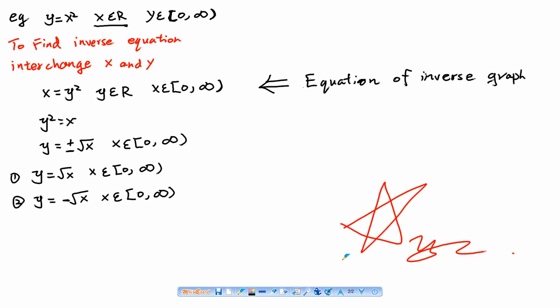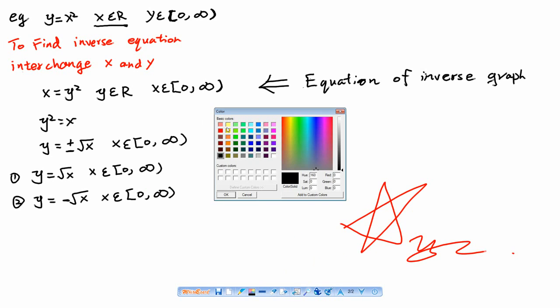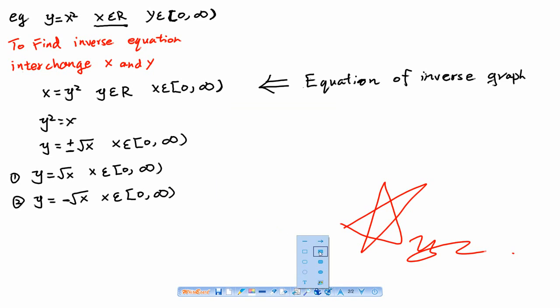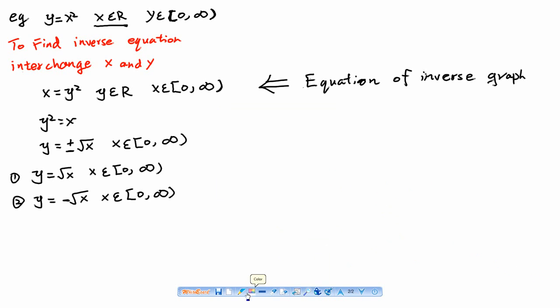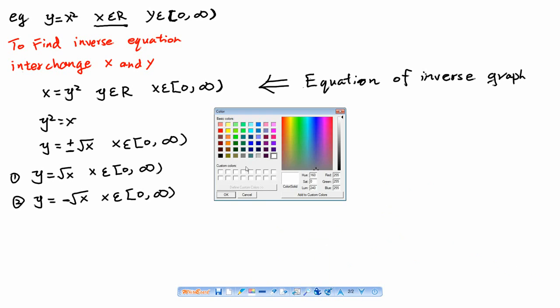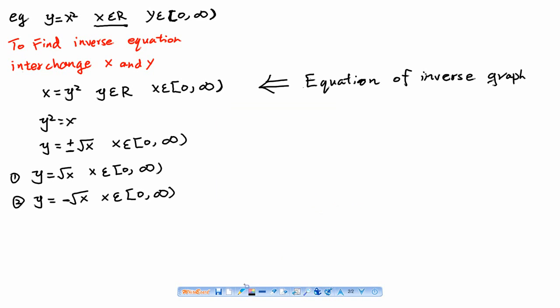Now let me draw those two equations on axis just to show you how it works.